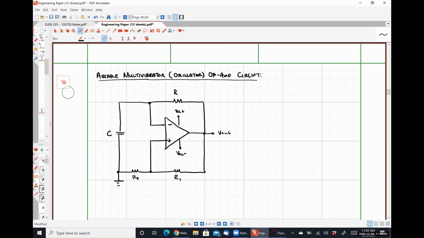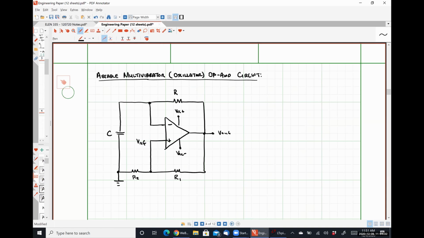So if we assume that the output voltage is starting out as positive, that means that the voltage present at the non-inverting terminal right here, which is effectively our reference voltage, so let me write that down, Vref, will simply be V out multiplied by R2 over R1 plus R2 because it's a simple voltage divider circuit, right?